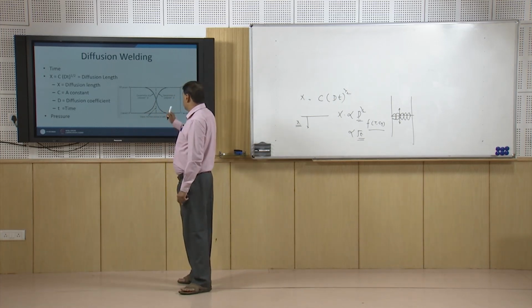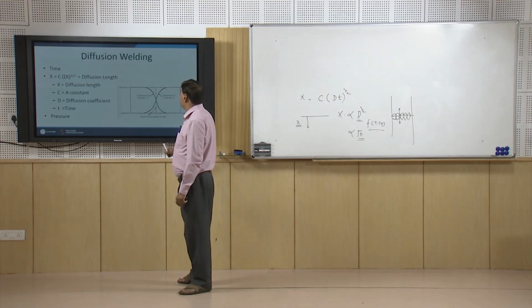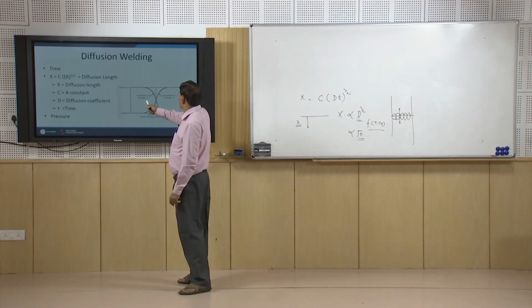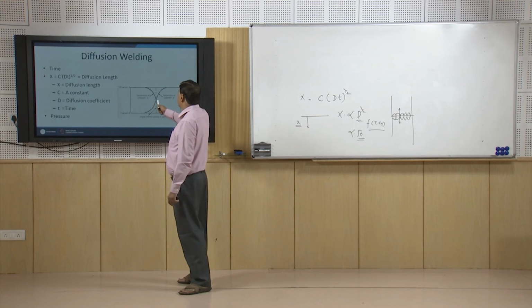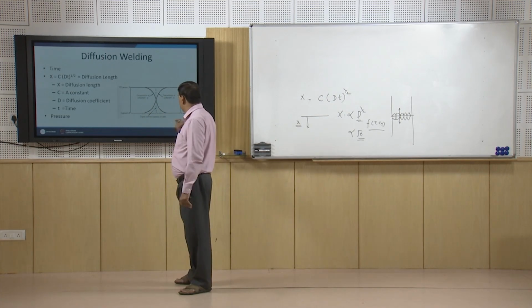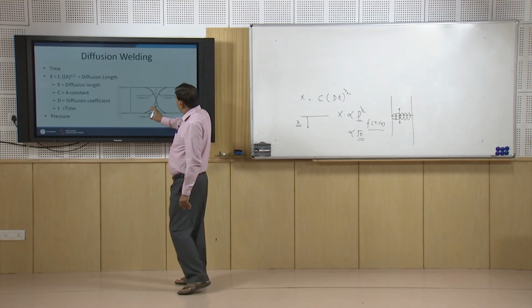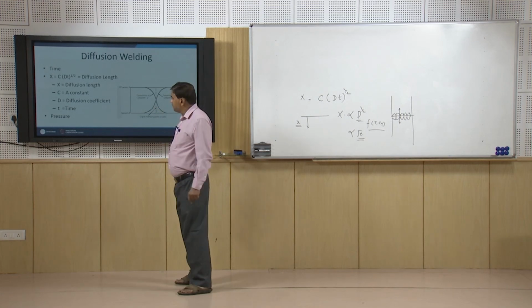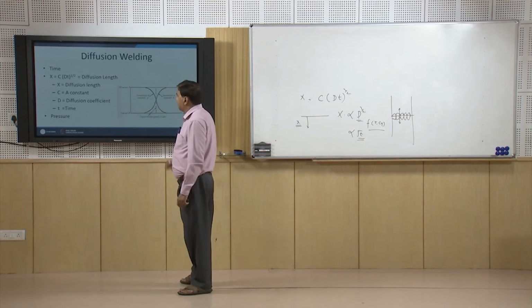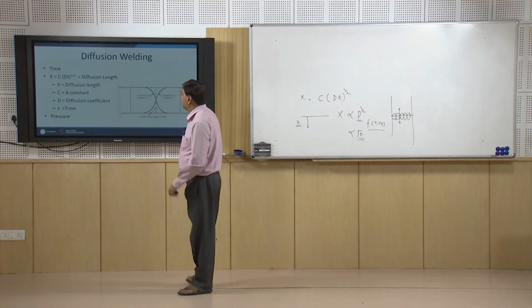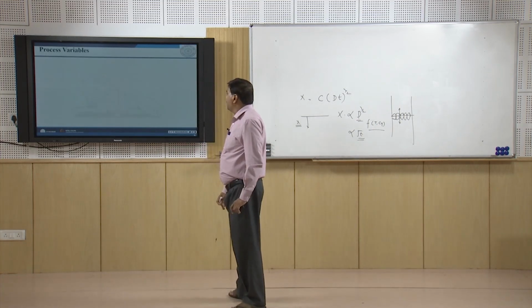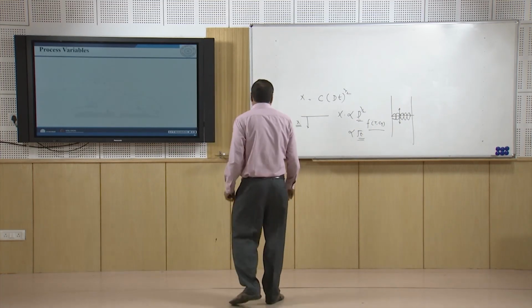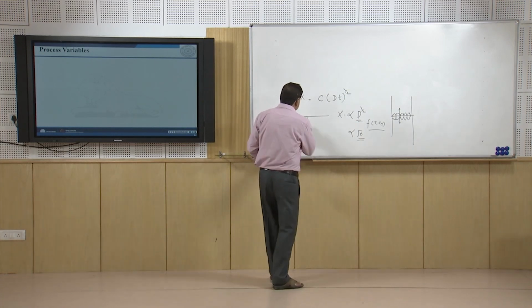The concentration will be almost 50-50 if the materials are completely diffusible in each other, and the distance up to which diffusion will take place will be governed by the time and the diffusion coefficient of the material.